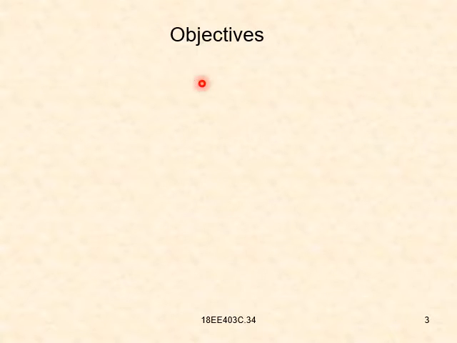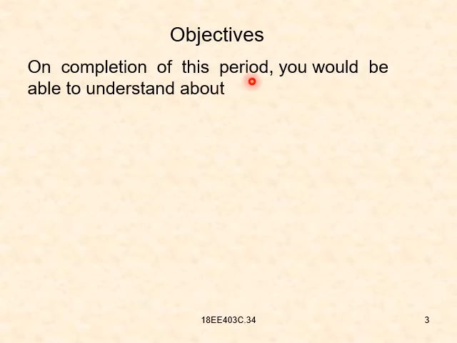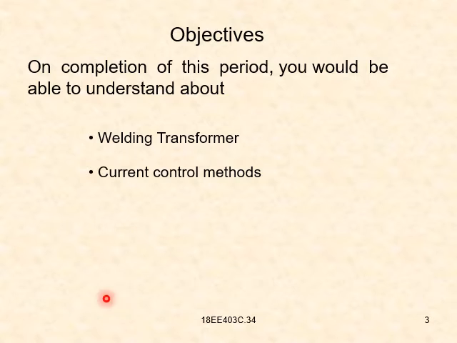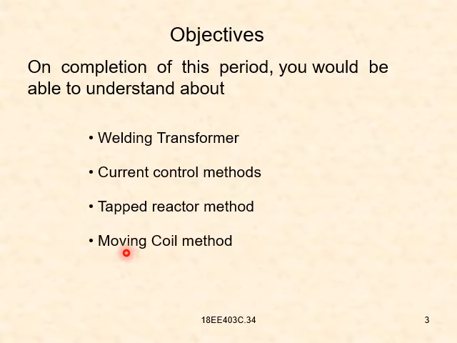Today's objective is, on completion of this period, you would be able to understand the welding transformer, current control methods, tapped reactor method, moving coil method, and saturable reactor method.